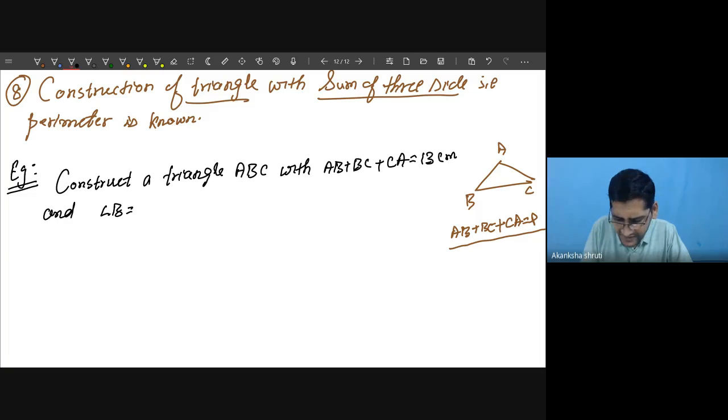Angle B as 40 degree. And angle C as, let us take this as 90 degree, or we may take the lesser one, 85 degree also.